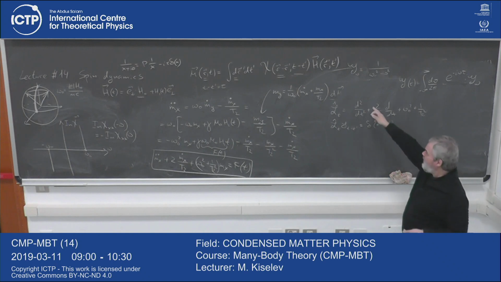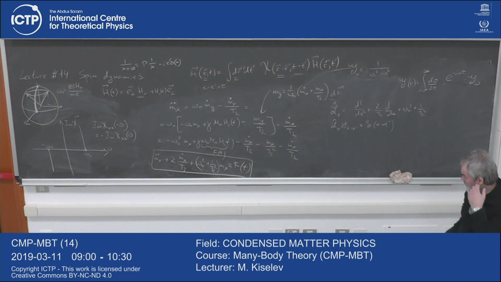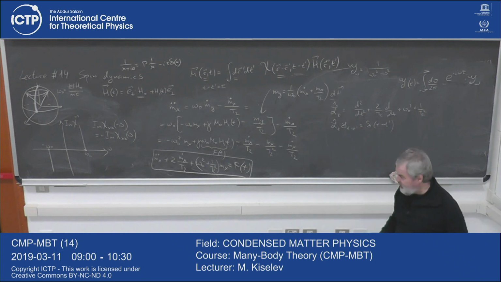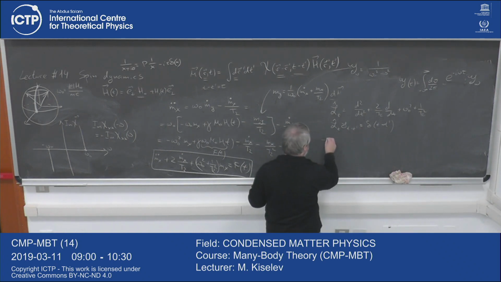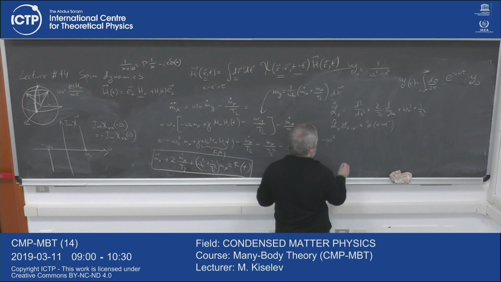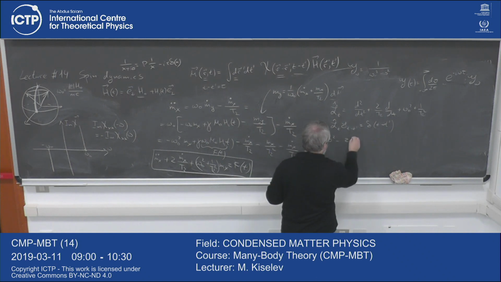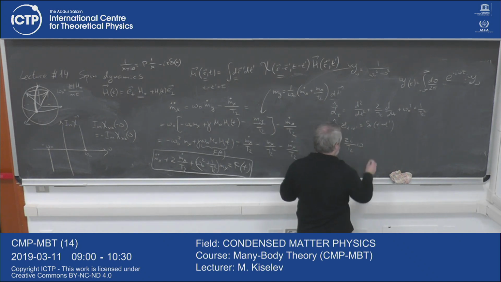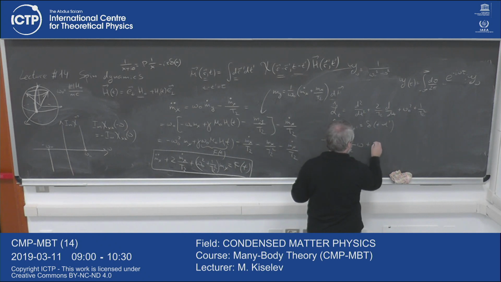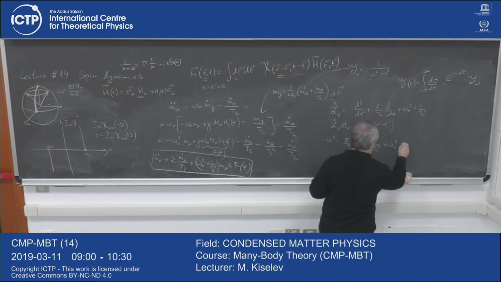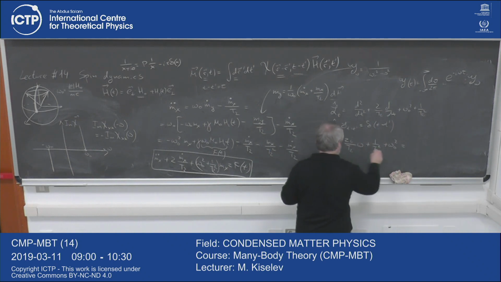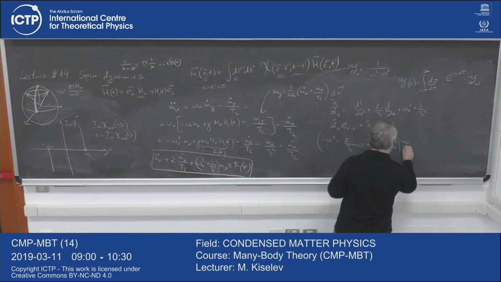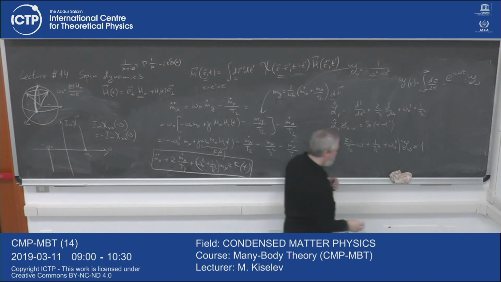So I'm applying my differential operator and taking a Fourier transform, and what I get is minus omega square minus 2i over T2 omega plus 1 over T2 square plus omega naught square, times g(omega), is equal to 1.